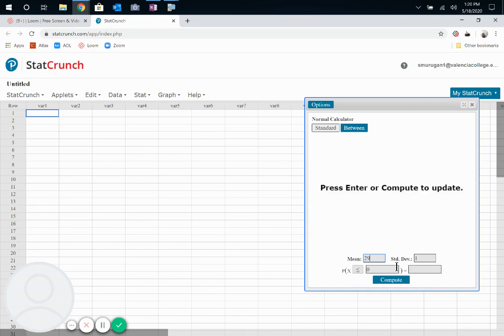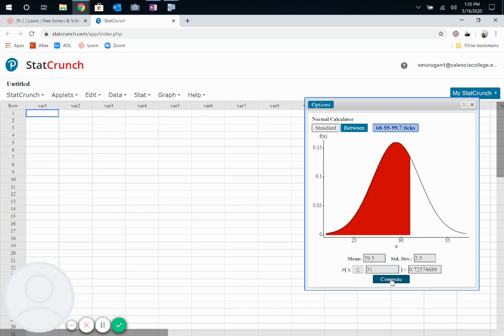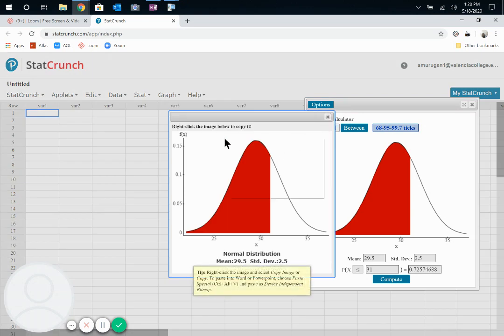Okay, 29.5 and a standard deviation of 2.5, less than 31. Compute. So this is my graph, and you can see the probability is 0.7257.